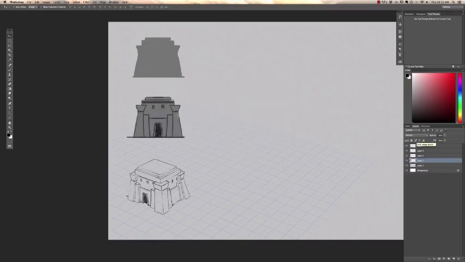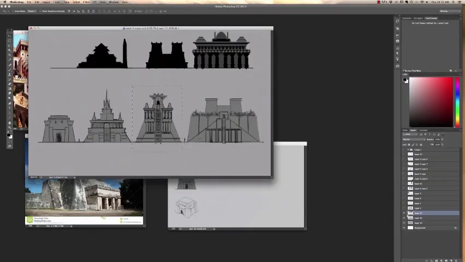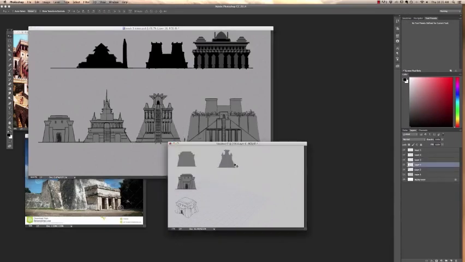And that's how we can get our simple silhouette to have form and make it look more three-dimensional.